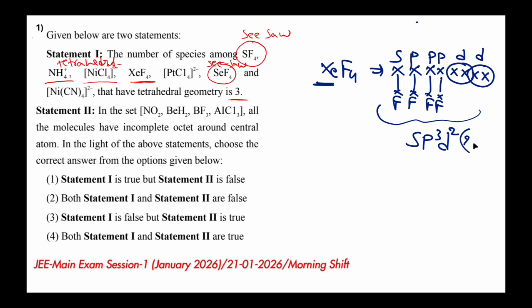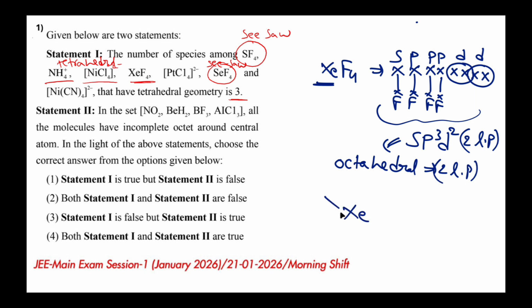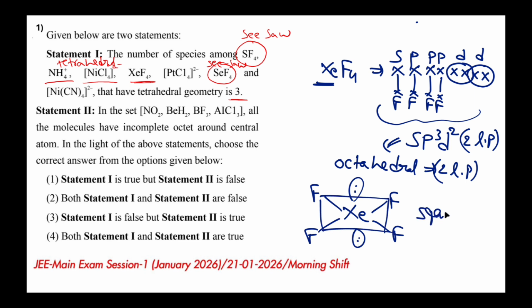Total 2 lone pairs. Originally sp3d2 is octahedral, containing 2 lone pairs. Because of the 2 lone pairs, it becomes a square planar arrangement. So XeF4 is square planar but not tetrahedral. Hybridization is sp3d2.